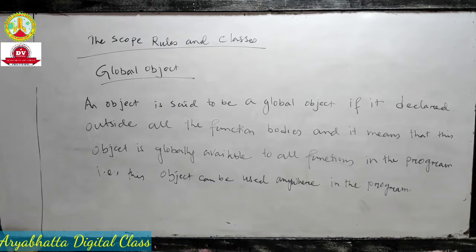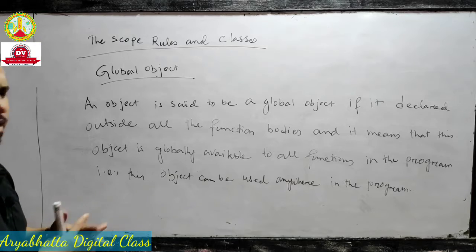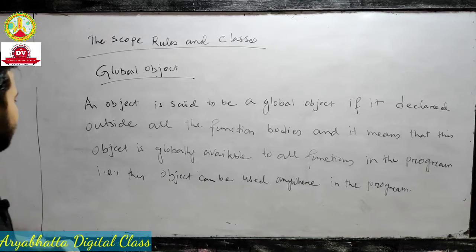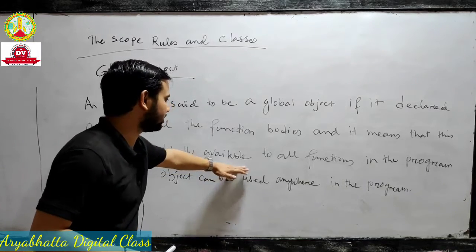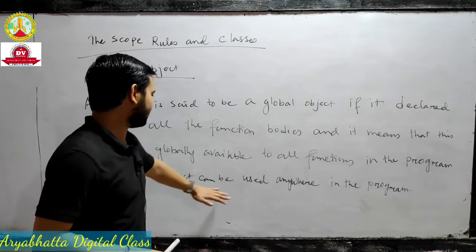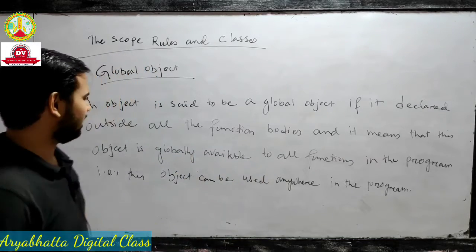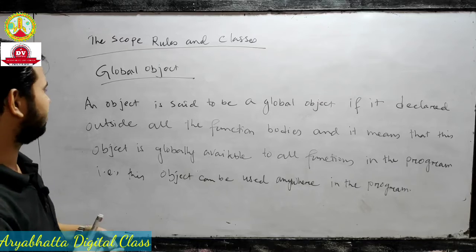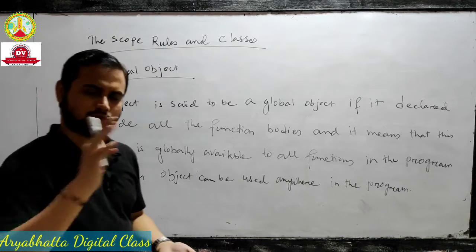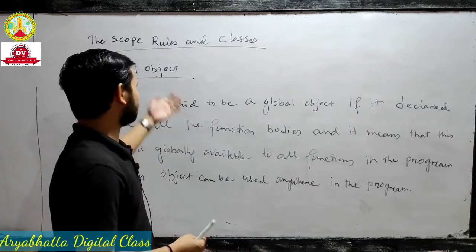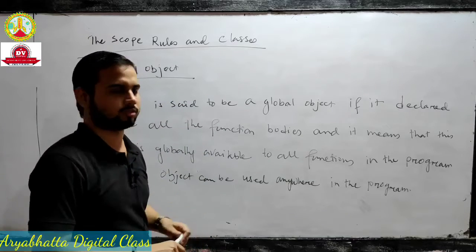An object is said to be a global object if it is declared outside all the function bodies, similar to a global class, and it means that this object is globally available to all functions in the program. That is, this object can be used anywhere in the program. It is almost similar to a global class. A global class is outside the main function, and a global object means the object is outside the main function.